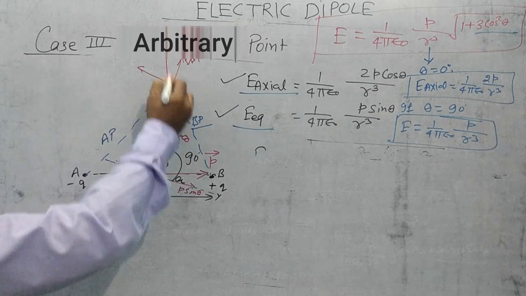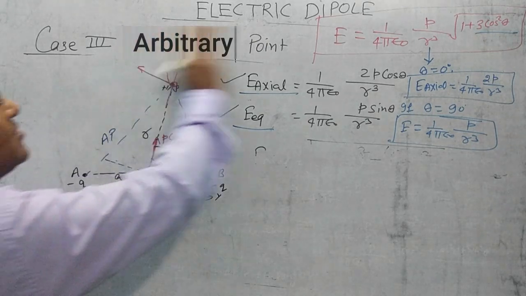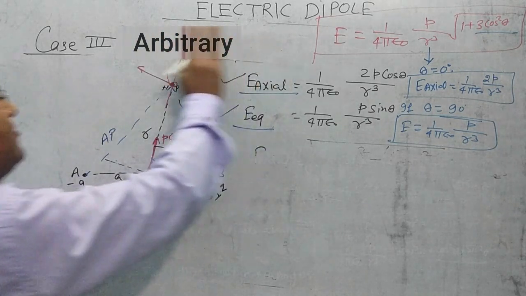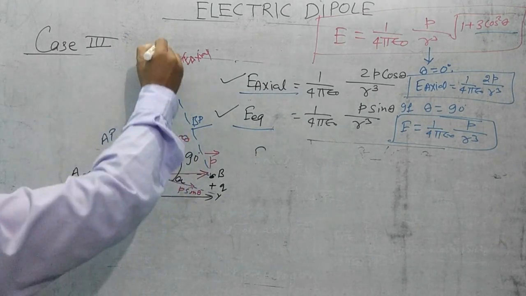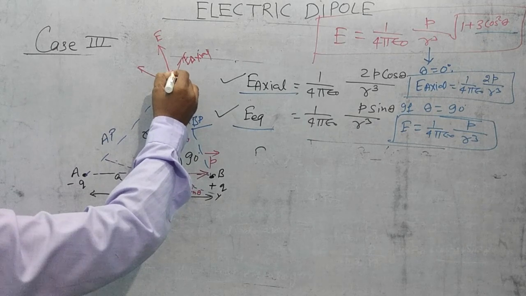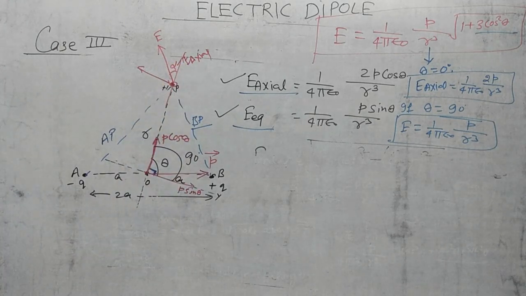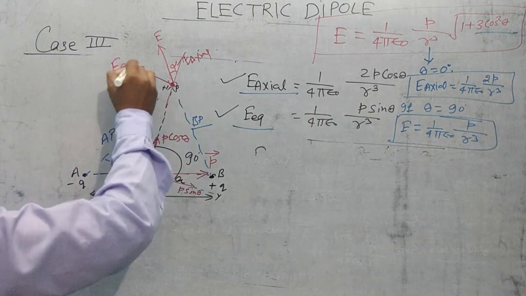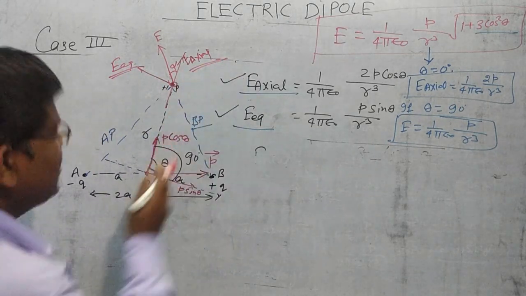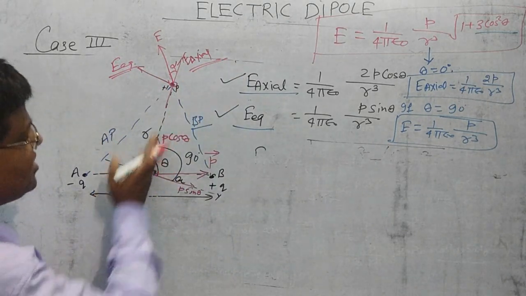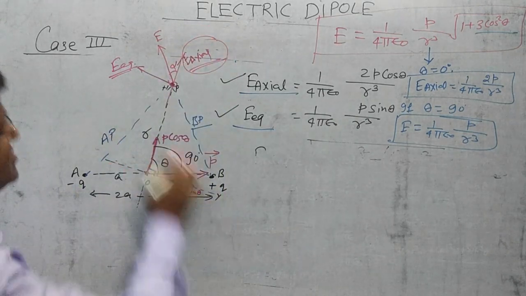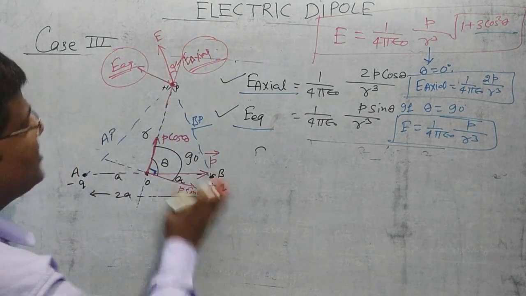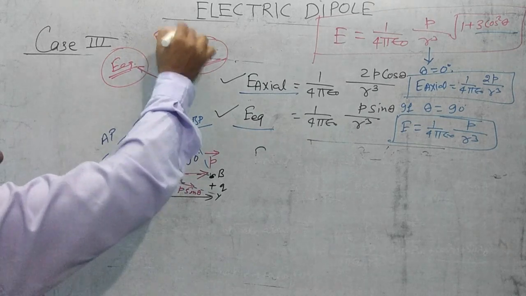Then the resultant electric field is in this direction. Then what is the angle of this? Simple way, this is the equatorial electric field, this is the axial electric field due to the axial dipole moment, but this is the net electric field.